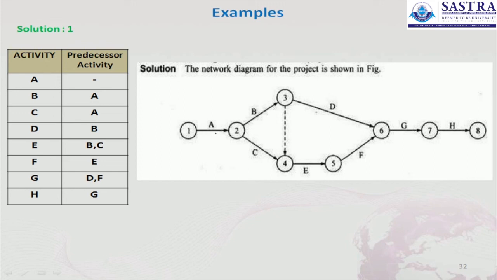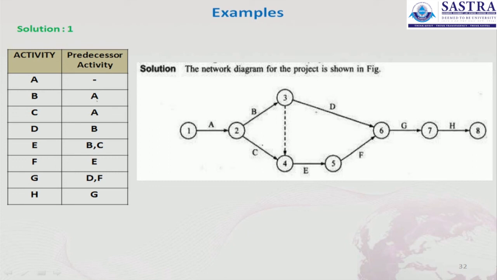This is activity A, the starting point. B must follow A, so we draw activity B, and C must also follow activity A. So from A, B and C are drawn. After that D must follow B, so we draw activity D.